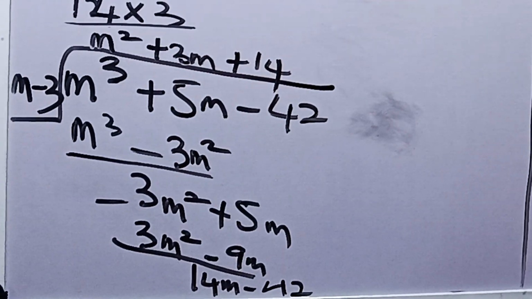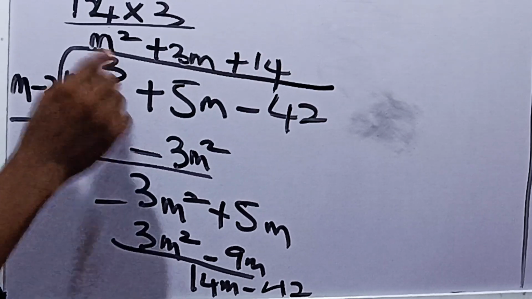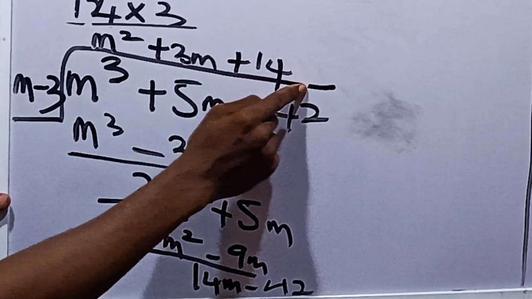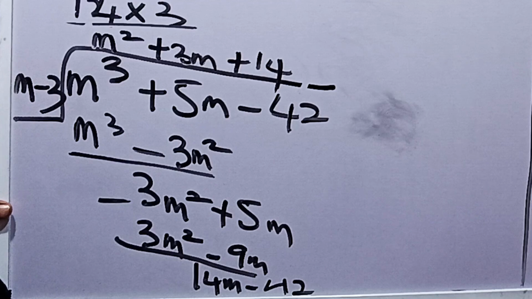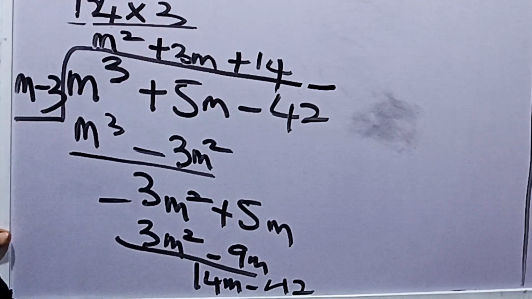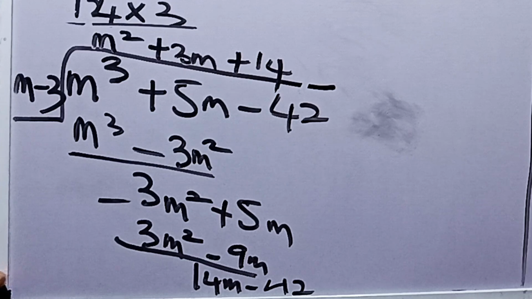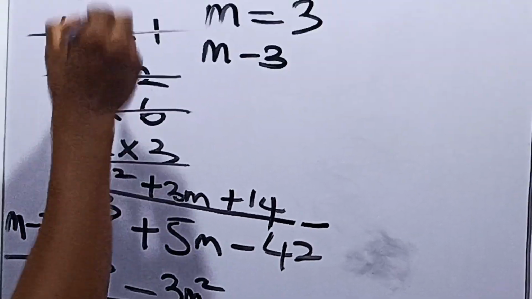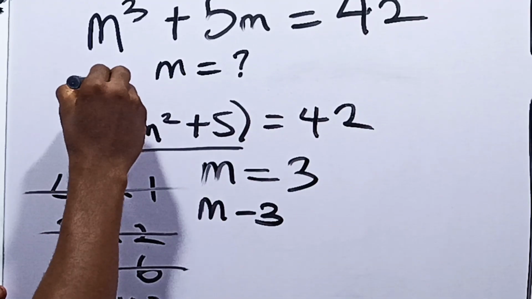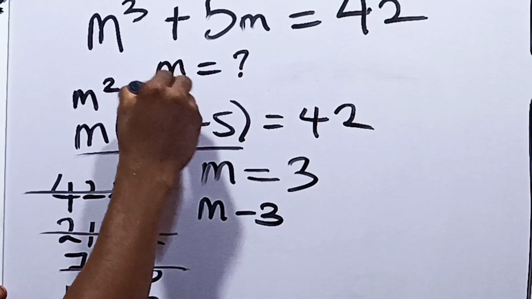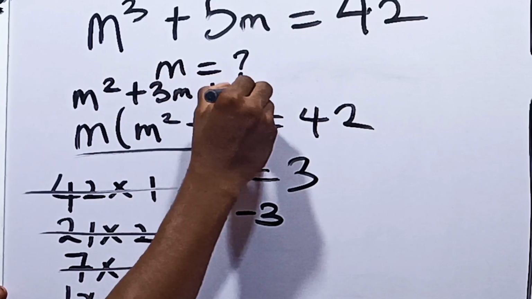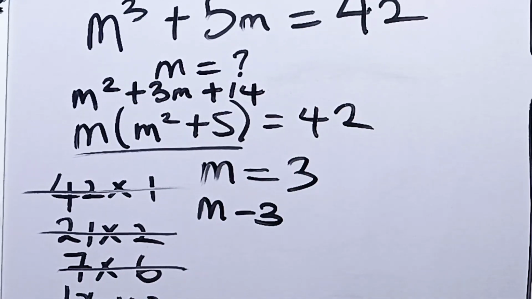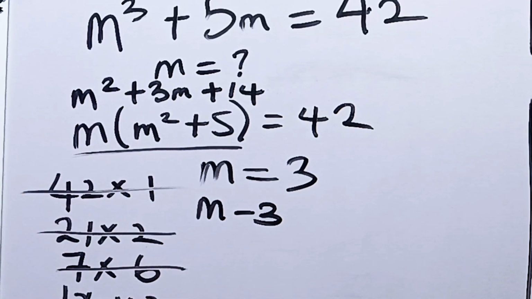Alright, so now we're going to look at these parts, okay, the quotients of this division, and we'll find out the factors of the quotients, and those will be the 2 remaining answers to this equation. Okay, so write out these quotients. This is m squared plus 3m plus 14. Okay, so this is the quotient of this division.